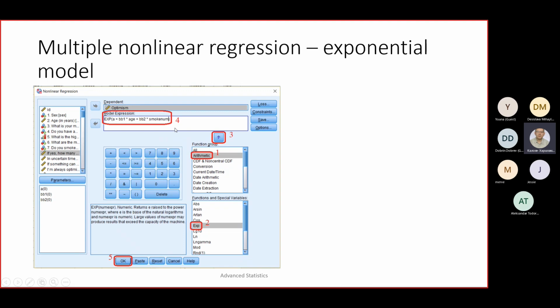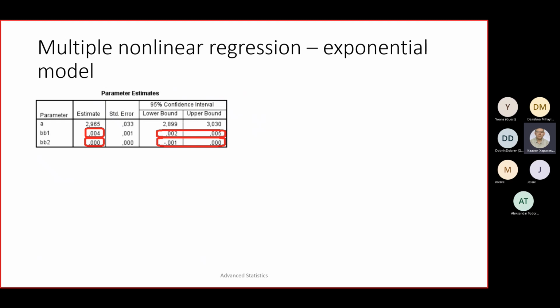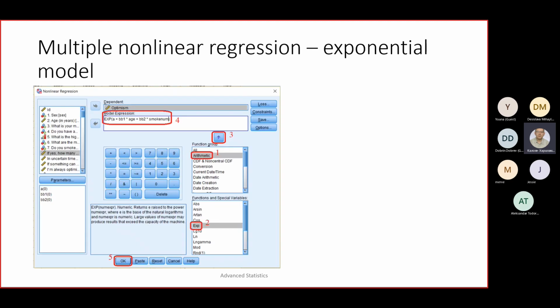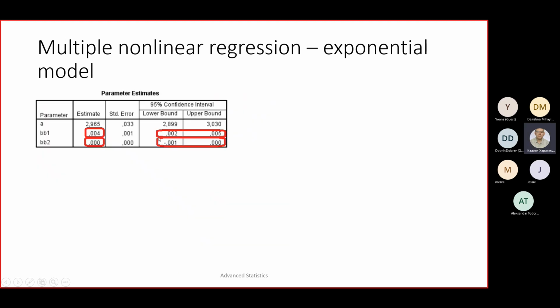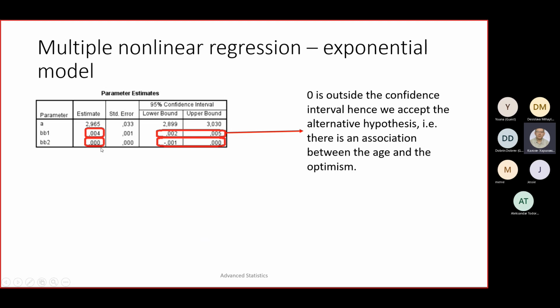We must write the formula here, and then the model is ready. So in this example, again, dependent variable is optimism. Again, two independent variables are age and number of cigarettes per week. But model here is exponential model. And these are coefficients of exponential model.